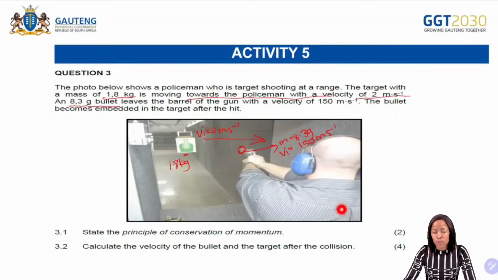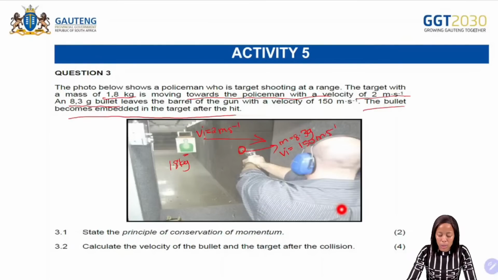The target is moving towards the person, and the bullet is moving towards the target. What happens? The bullet becomes embedded in the target after the hit. In order to prepare for the calculations, we can already see that we have grams there, so you need to make sure that you know how to convert.